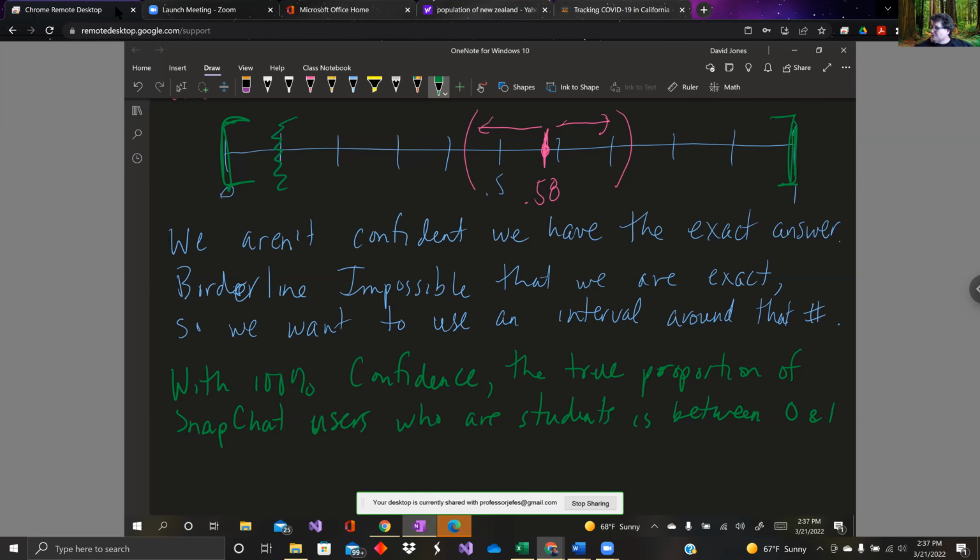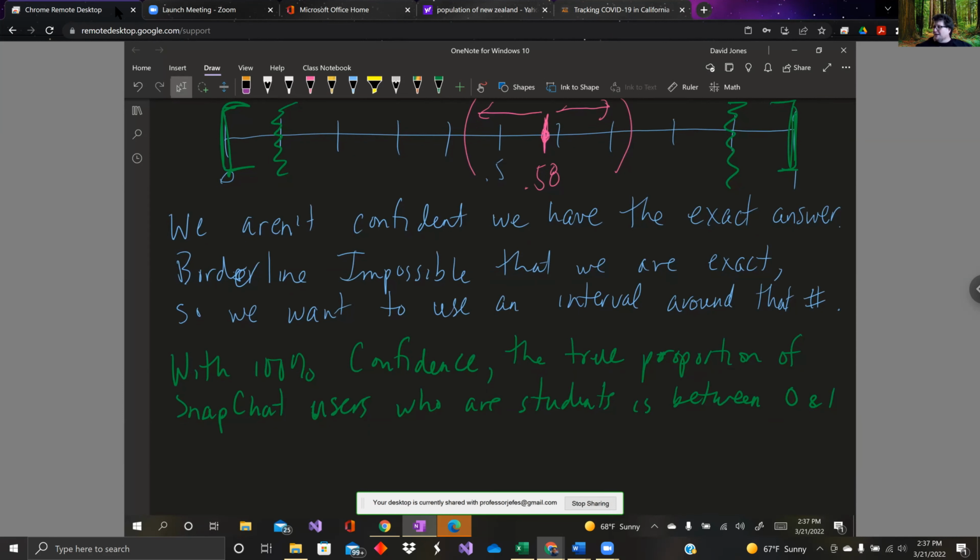I doubt it's under 10%, and I doubt it's over 90%. But that's, again, not useful information. What if I wanted to say it's between 0.55 and 0.61?